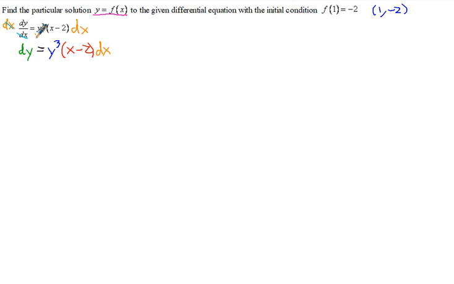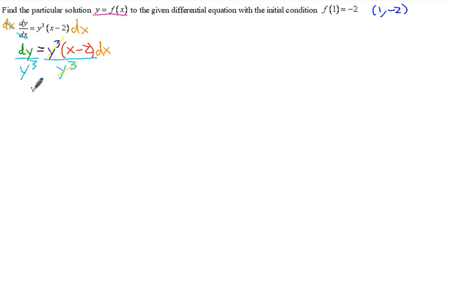The way you separate them after that is just through multiplication or division. So here if we divide both sides by y cubed, the y cubeds reduce out here. Then instead of writing dy over y cubed, remember the way to integrate this is to move it up to the numerator and rewrite it with a negative exponent.